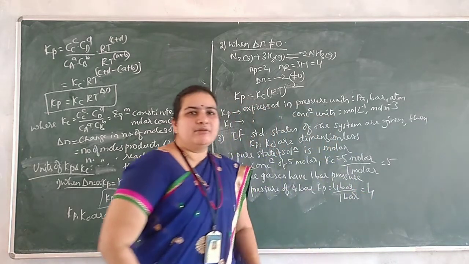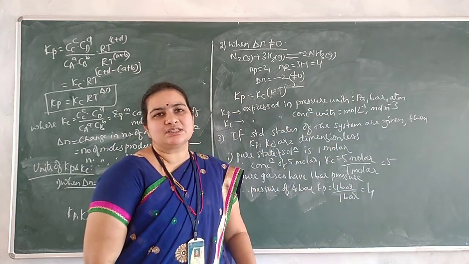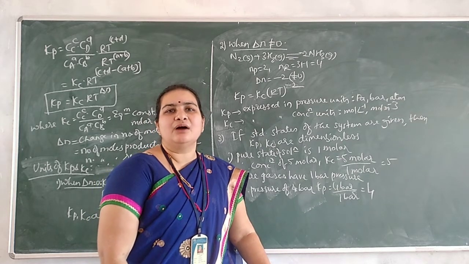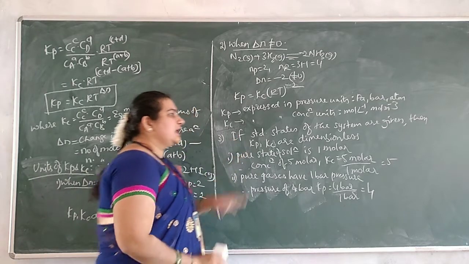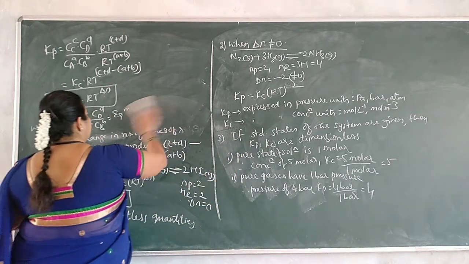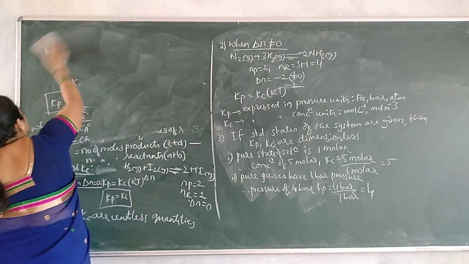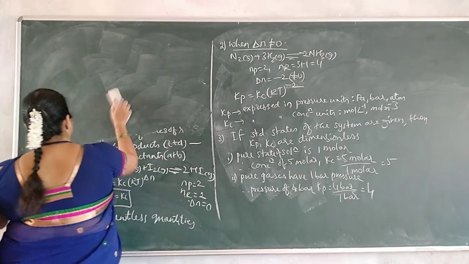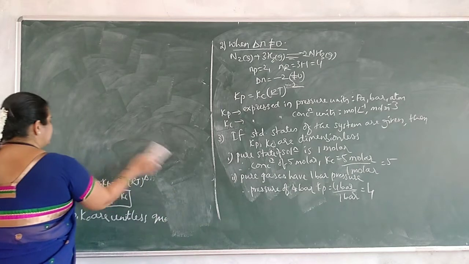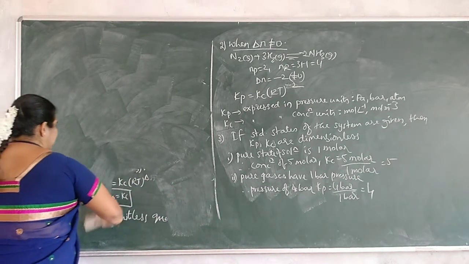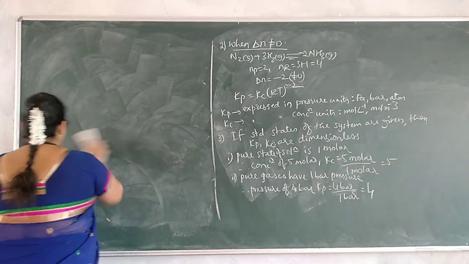So when standard states of the systems are mentioned, we will have no units for Kp and Kc. Otherwise, if delta N is not equal to 0, then Kp and Kc have corresponding units.